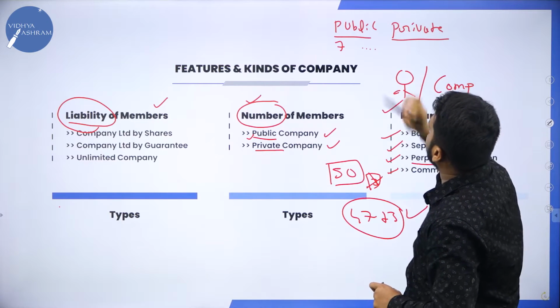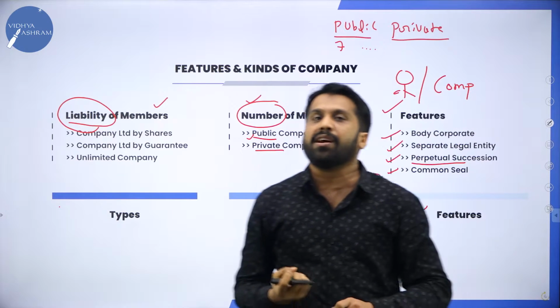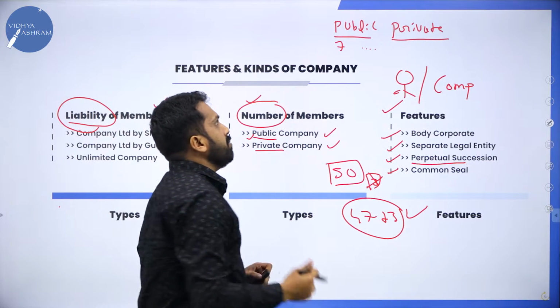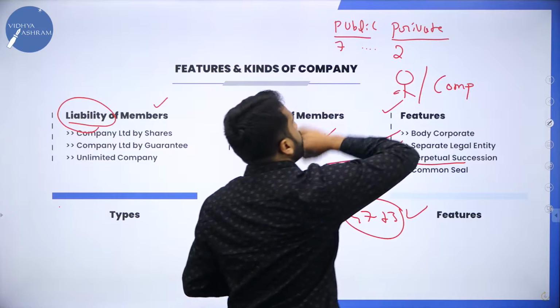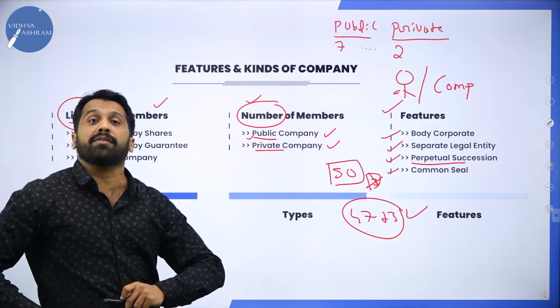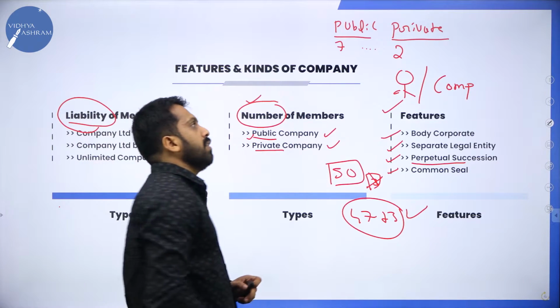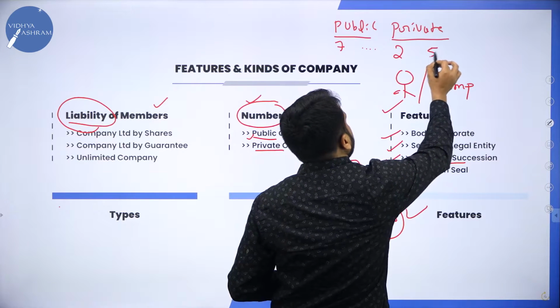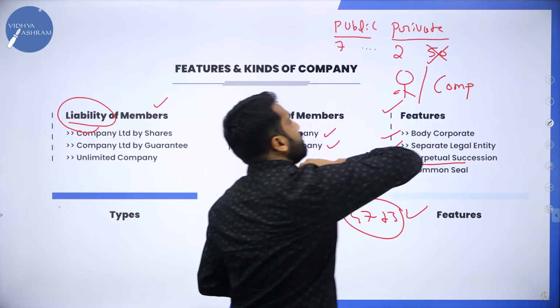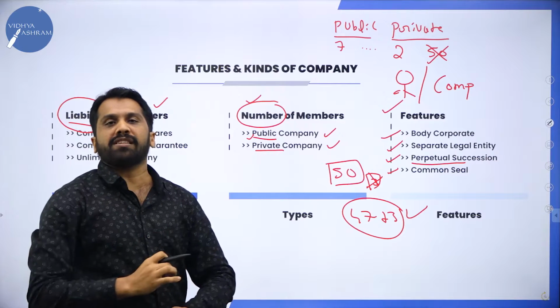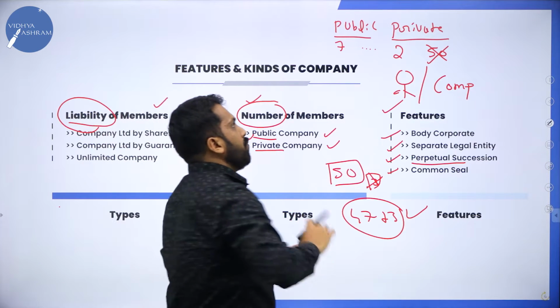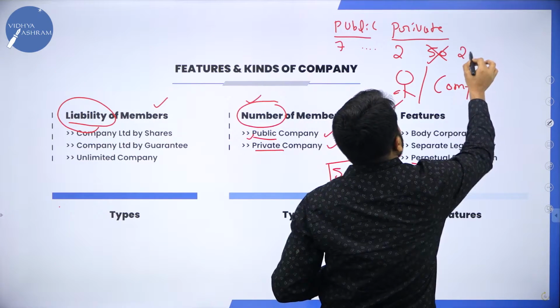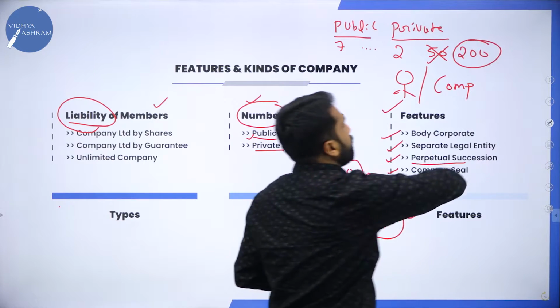Now, in case of private, how much is minimum? Minimum you need 2 members, and what is the maximum numbers? Earlier it was 50 as per Companies Act 1956, but now we have 200 as the maximum number.